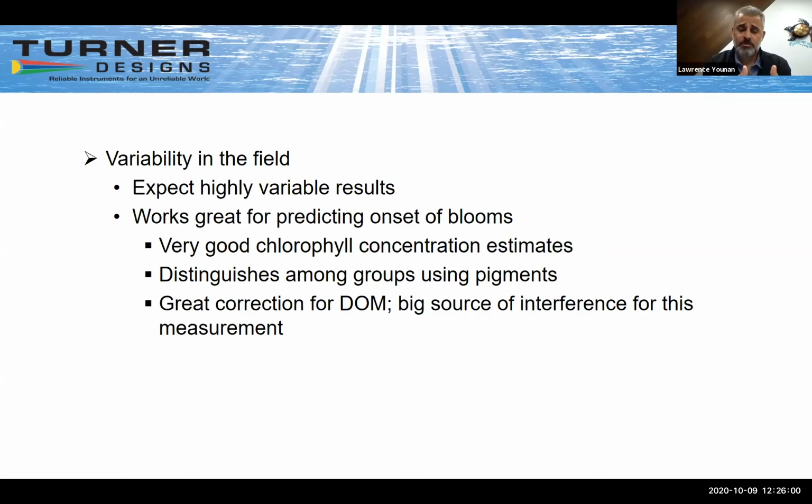And they estimate chlorophyll very well because you're using multiple specific wavelengths to account for all the different groups that make up this mixed population, this matrix of algae. So you can distinguish among the groups, calculate the chlorophyll very nicely, and it's got some great correlation for dissolved organics, which is a huge source of interference for any in vivo or in situ measurement that you're making in the field.